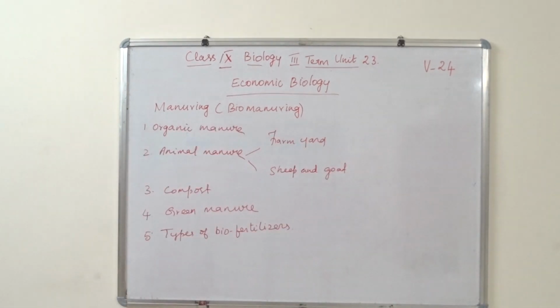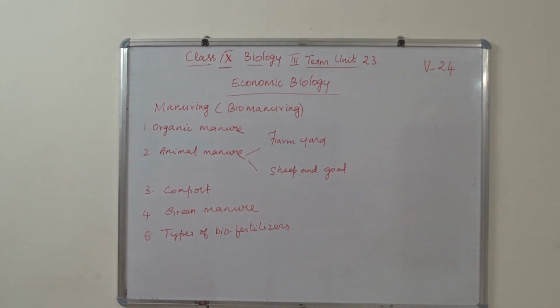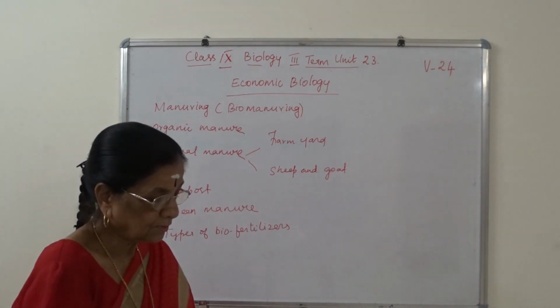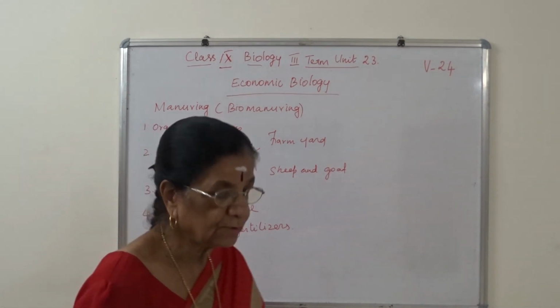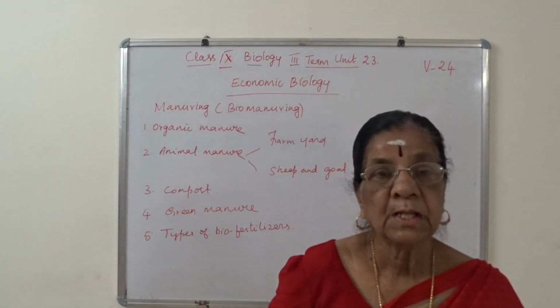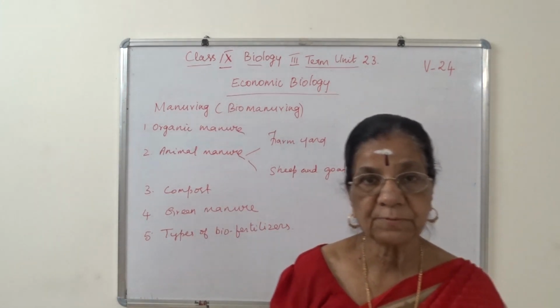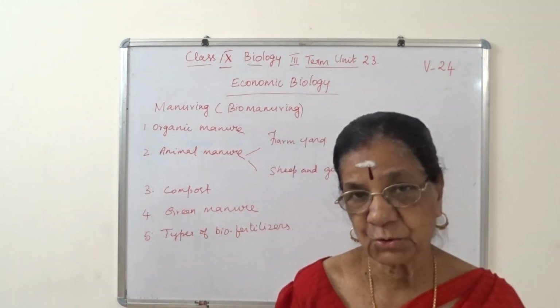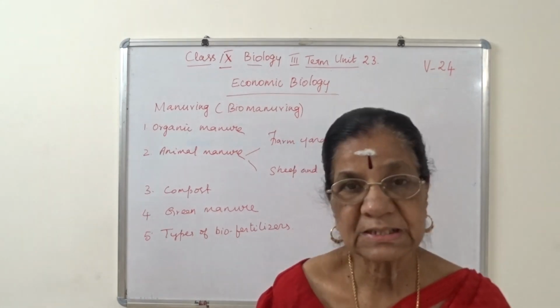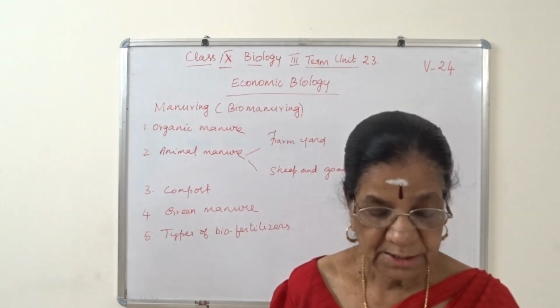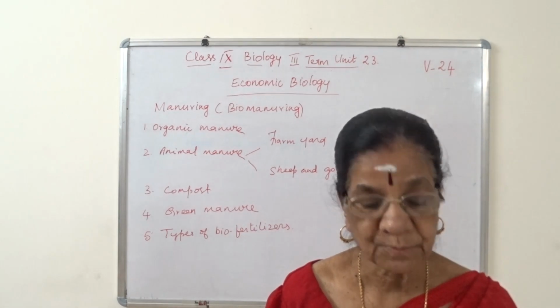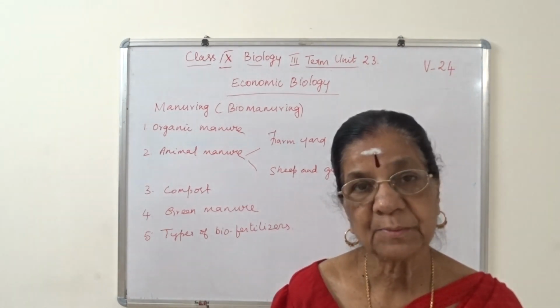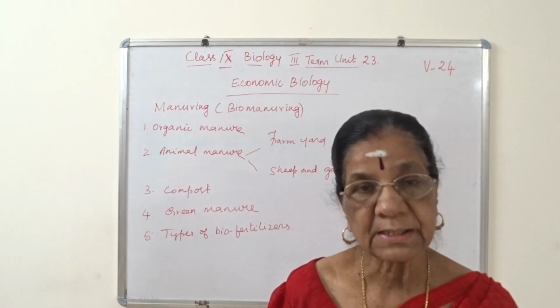Now recollect what is said about organic manure. Organic manures are predominantly derived from plant debris: dry leaves, humus, dry flowers, as well as animal feces and microbes. They make the soil fertile by adding nutrients like nitrogen.